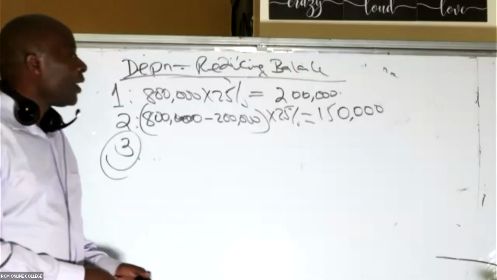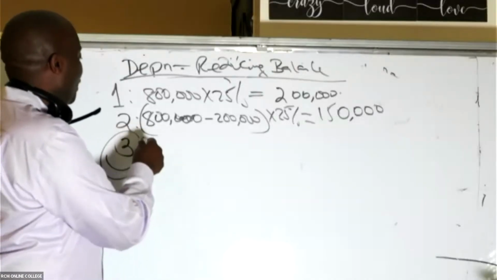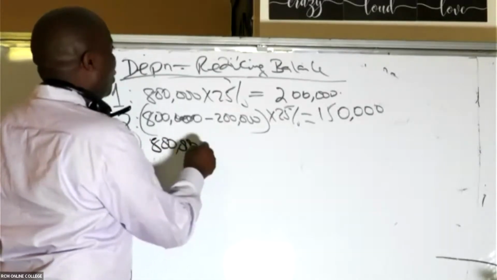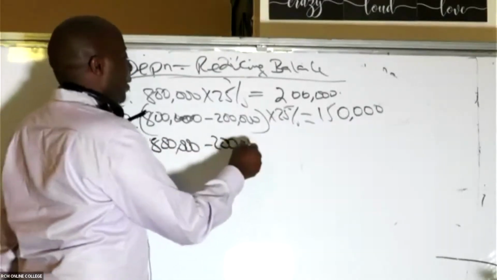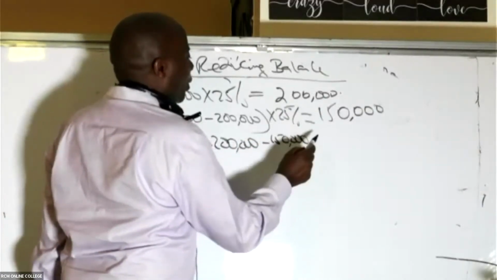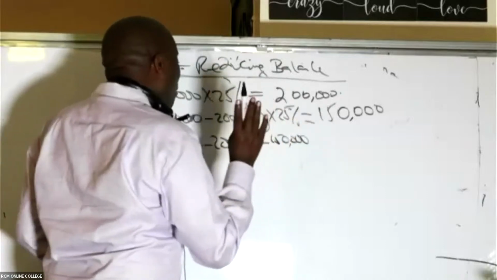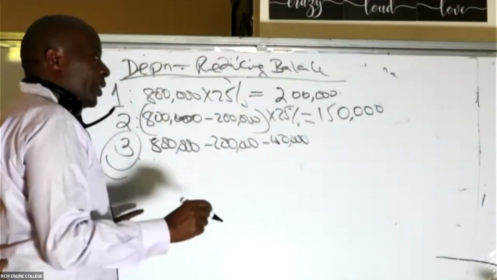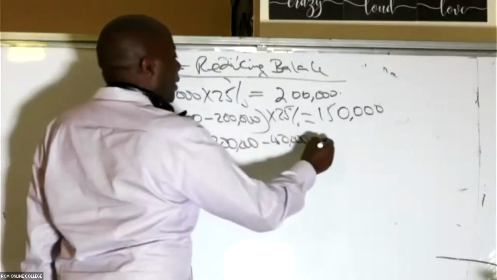In the last year we look at what remains. We started with 800,000. We lost 200,000 in year 1 and 150,000 in year 2. In year 3 you don't apply the percentage, but you must always remember to deduct the scrap value.